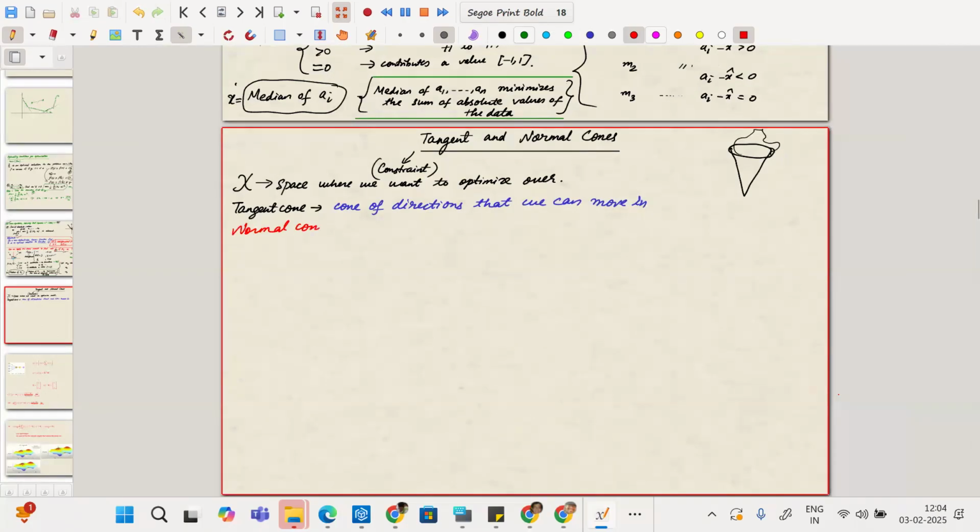It is a set of vectors. Cone of directions also means a set of vectors. So the normal cone is defined as the set of vectors making greater than or equal to 90 degrees with every vector in the tangent cone.